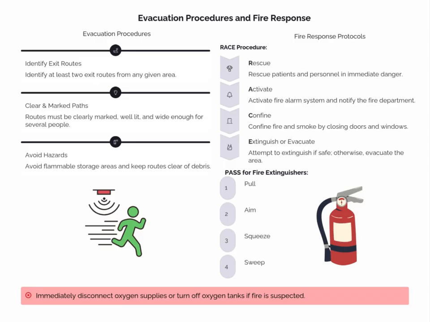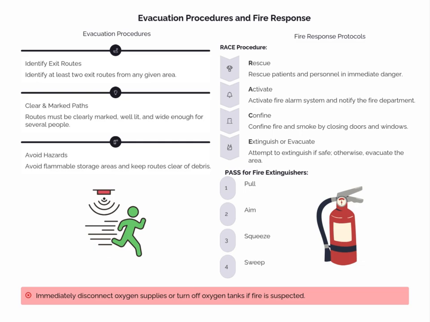If there is a fire, we follow the acronym RACE, which is R for rescue patients and any personnel in immediate danger. A is activate or alarm. I see it both sometimes. So we activate the fire alarm, pull the fire alarm, call 911, the fire department, however you do that. C is confine or contain. I've seen it both ways.